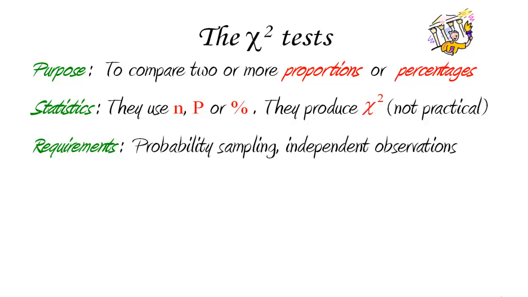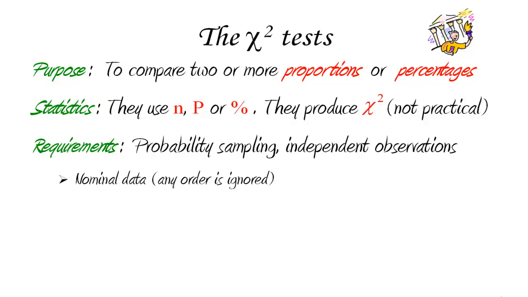The requirements are also fairly simple. The basic ones: probability sampling, which we always expect in an inferential procedure, and independent observations. Remember, this is a requirement which applies to most tests, though not all, but certainly it is expected in this kind of test, in this chi-square test. The other requirement is that we're actually using nominal data.